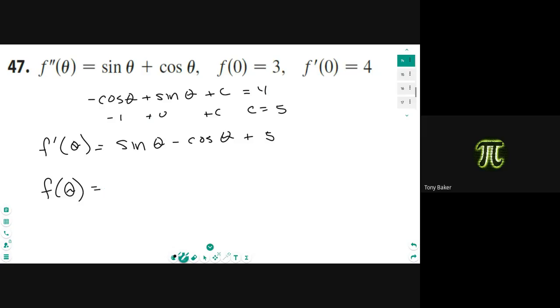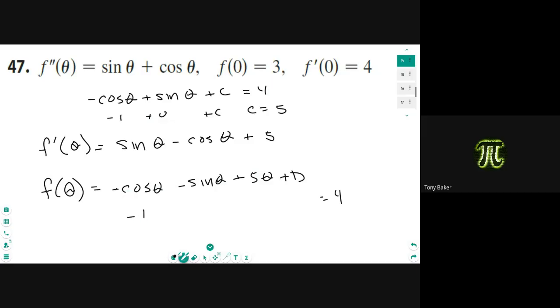And so in your case, you would have done the derivative of negative cosine, right? Which is what? Negative sine theta. Backwards. Derivative of sine is negative cosine theta, plus 5 theta, plus d, equals 4.